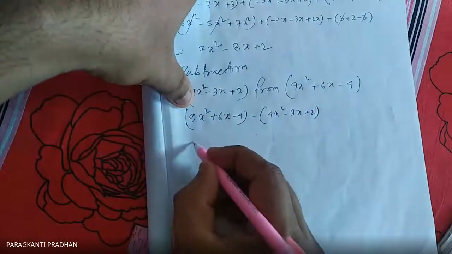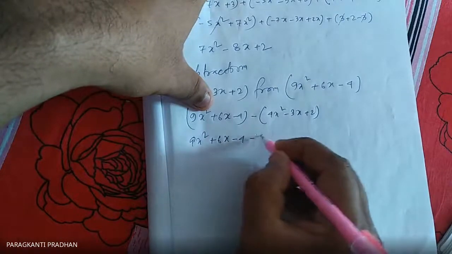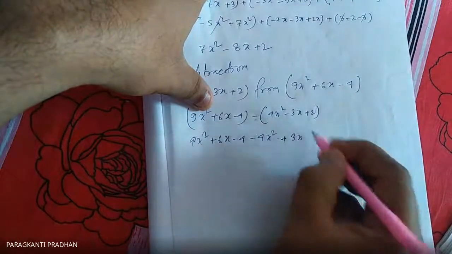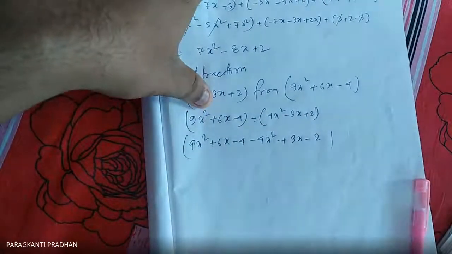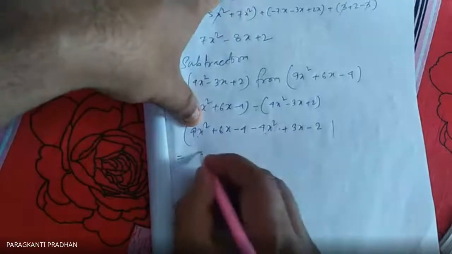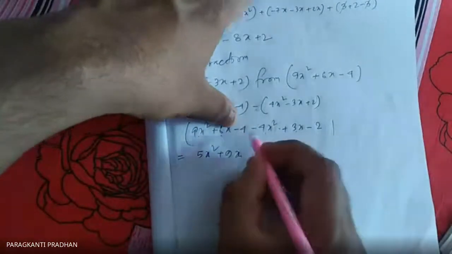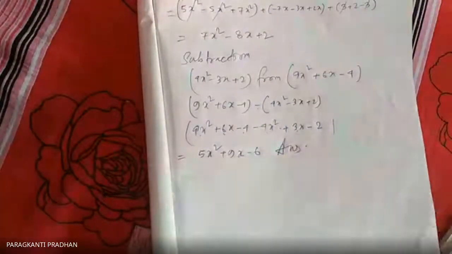This minus this is 9x square plus 6x minus 4 minus 4x square plus 3x minus 2. The sign will be changed, right? Yes, sir. So 9x square minus 4x square is 5x square, 6x plus 3x is 9x, minus 4 minus 2 is minus 6. This is the answer. Is it clear?